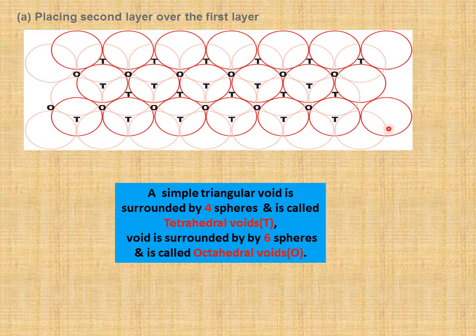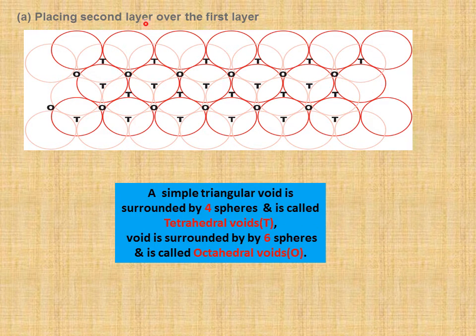By arranging this, students, we will obtain two types of voids: tetrahedral void, represented by T, and octahedral void, represented by O. Suppose a second layer sphere comes above the triangular void, it is called a tetrahedral void. Why it is tetrahedral will be explained in the next slide.